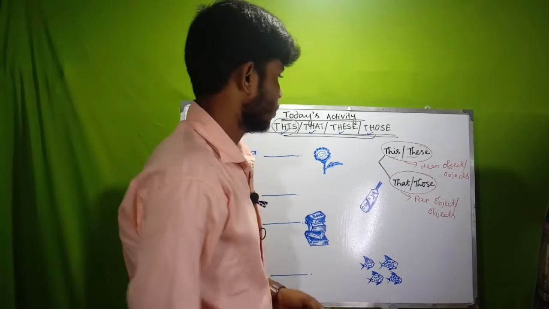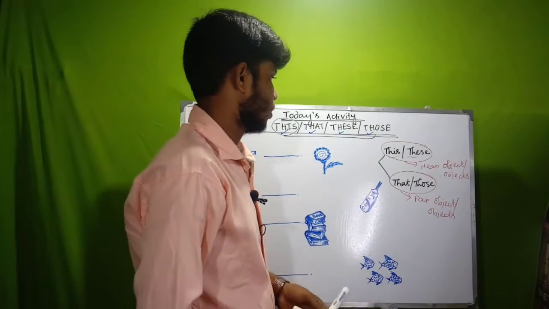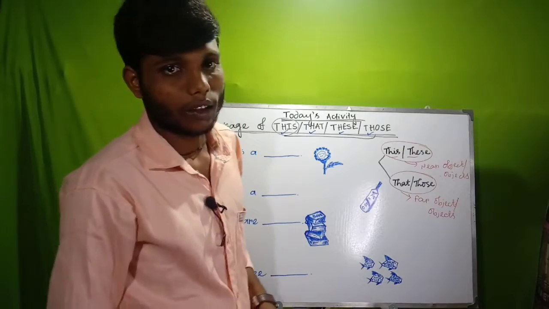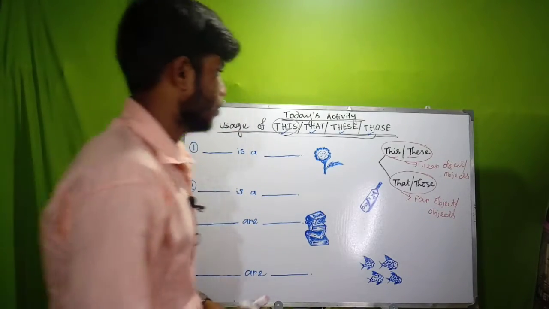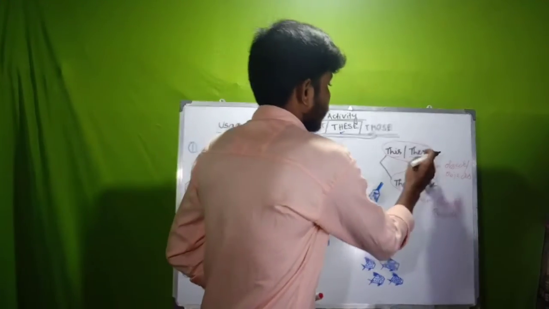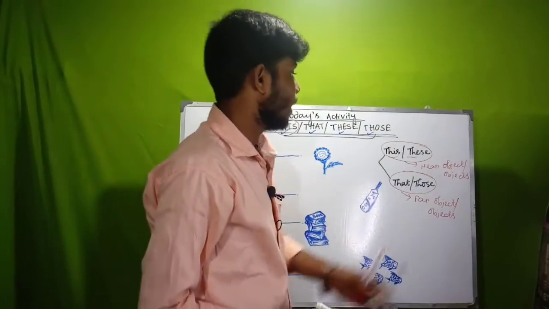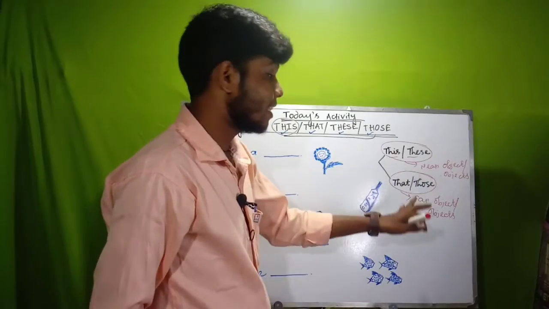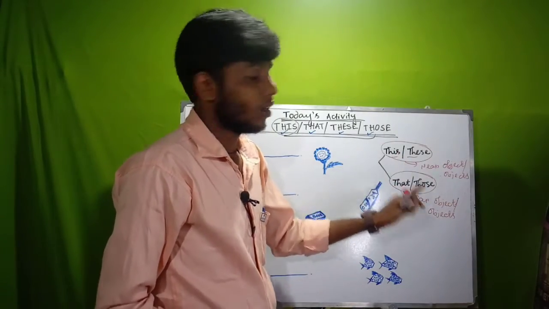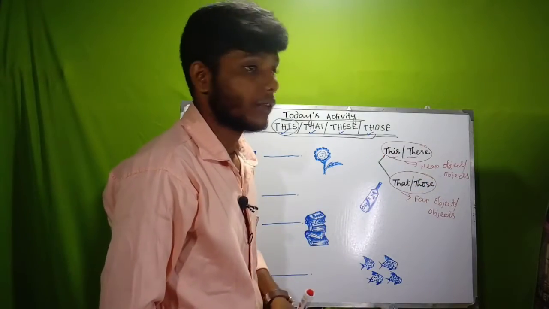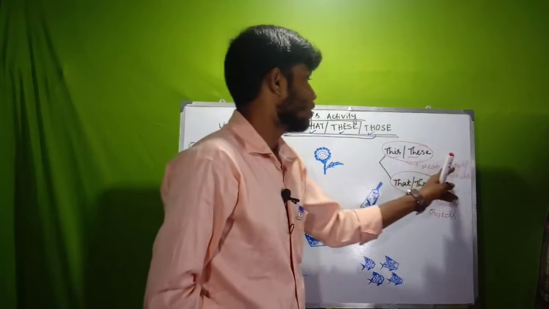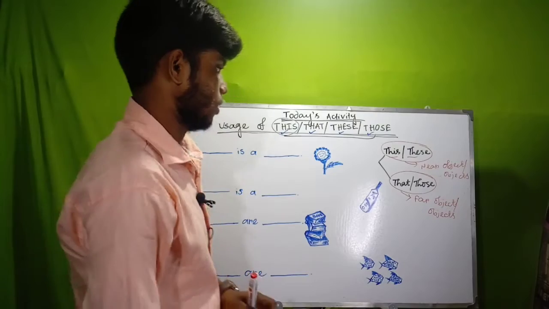Try to understand for yourself: this and these are put down before the near object or near objects.